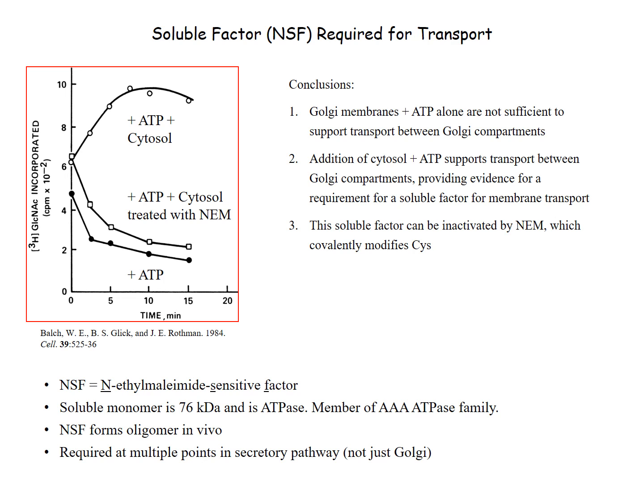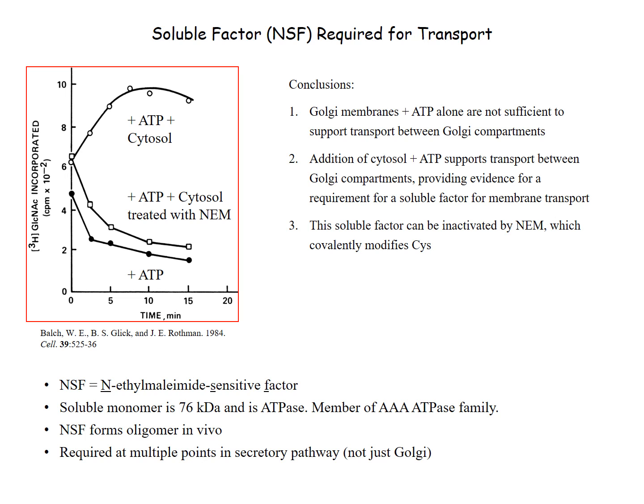This chemical modifies cysteine amino acids and inactivates any protein that has an active cysteine. And so what they found was when they fractionated the cytosol, plus or minus NEM, there was a protein that they named NSF, N-ethylmaleimide sensitive factor.